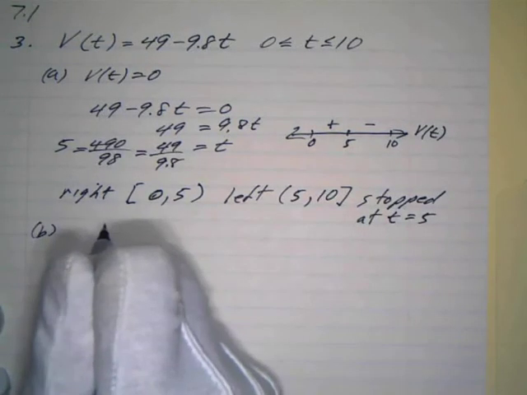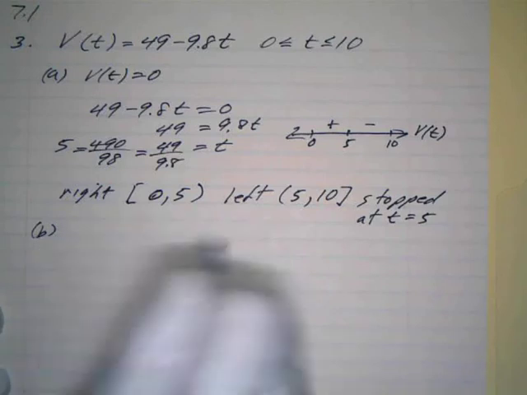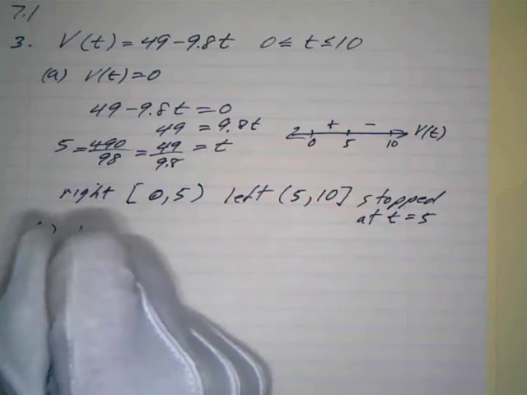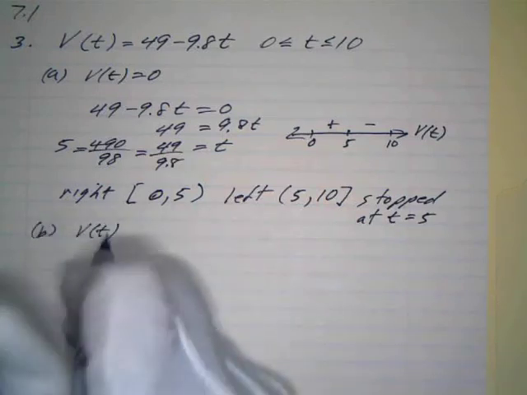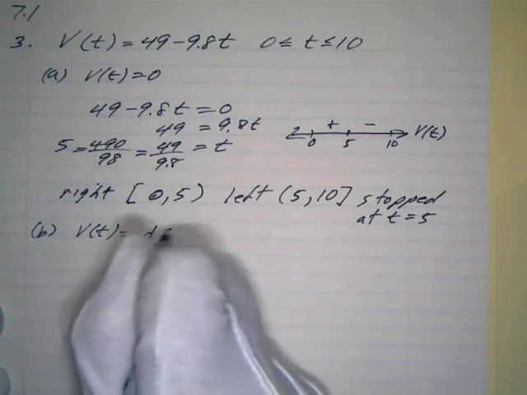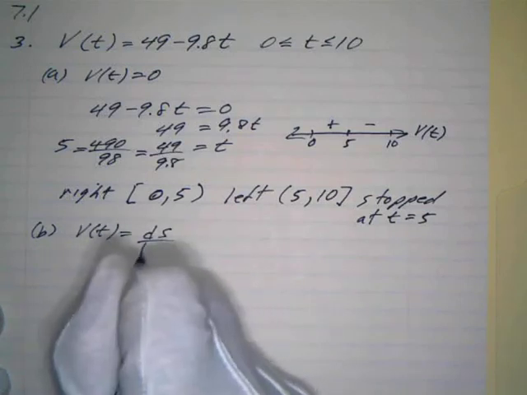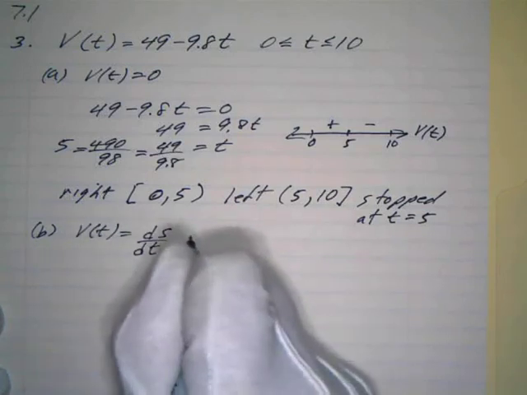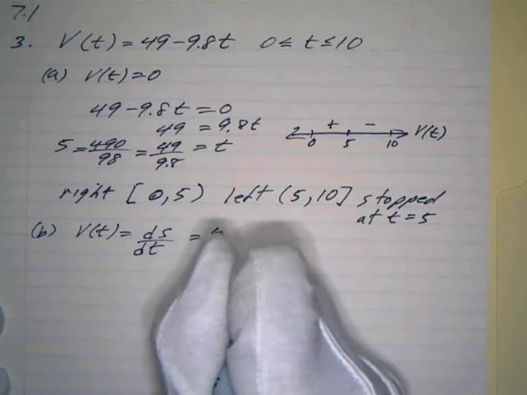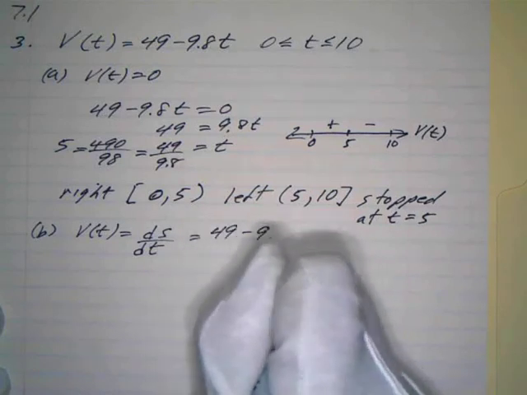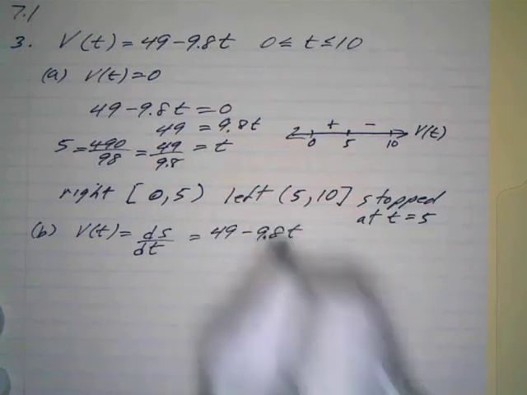And we want to find the displacement from 0 to 10. So again, as in problem number 1, v of t equals ds dt. And that equals v of t, which was 49 minus 9.8t.